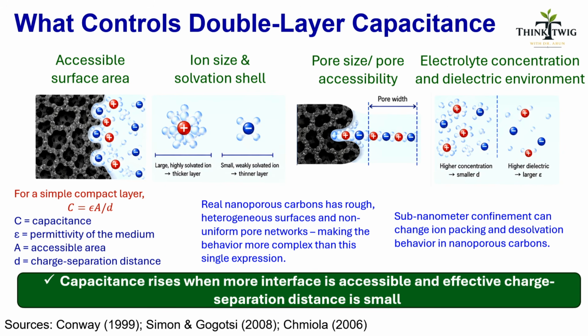Inside such narrow spaces, ion packing may change. An ion may also lose part of its solvation shell. This process is called desolvation, and therefore a high surface area alone does not guarantee a high specific capacitance. The electrode pore structure must match the size and behavior of electrolyte ions. In simple words, the electrode and electrolyte must work as a coordinated system.